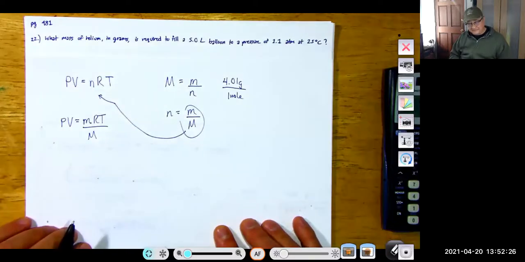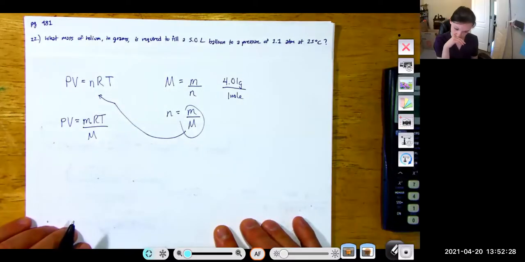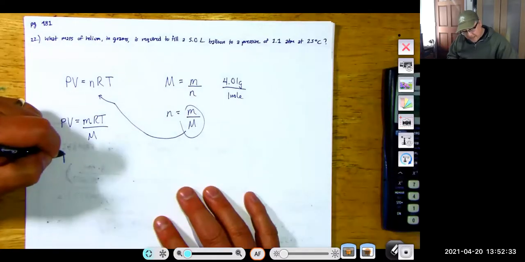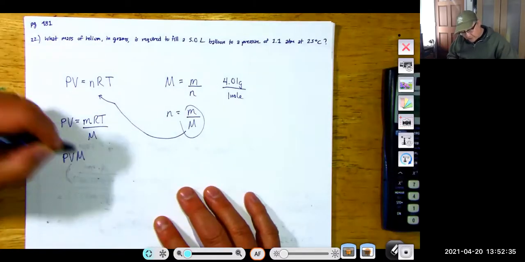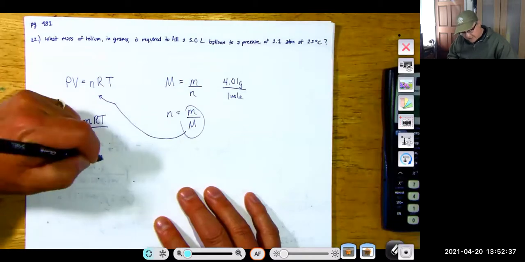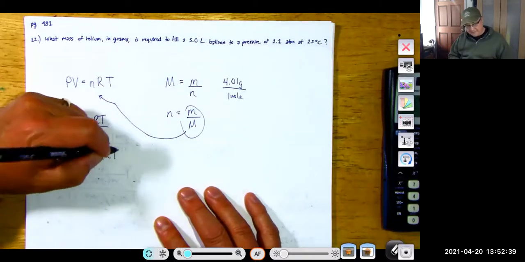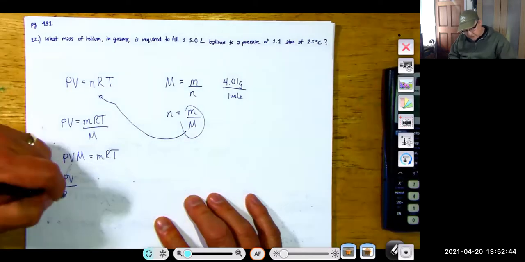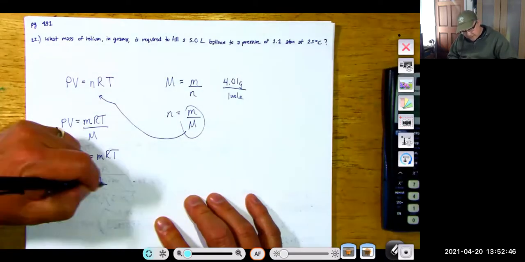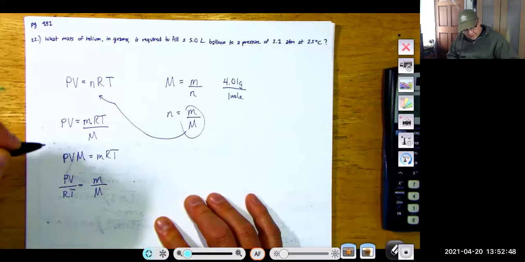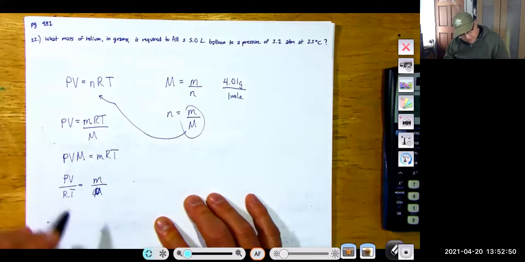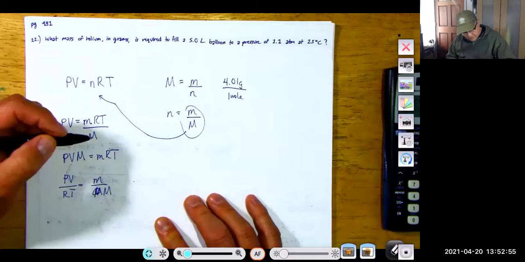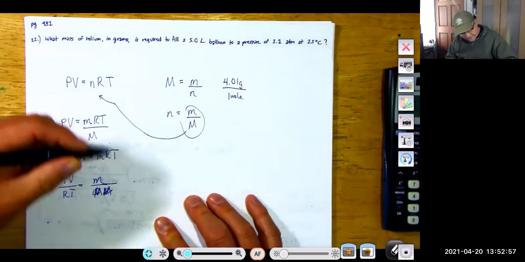Okay, now what I'm going to do is this. PV = mRT, with capital M being molar mass and lowercase m being mass. Then PV over RT is little m over big M. Nope, over V, that's what I want.